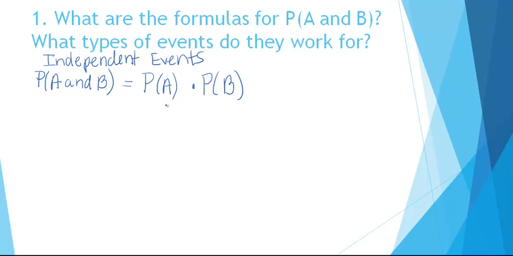You could also write it as the probability of B times the probability of A, okay? And this formula only works for independent events.